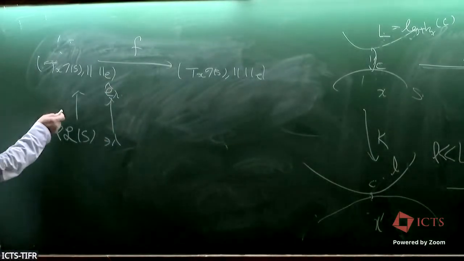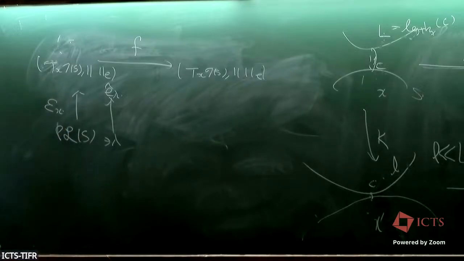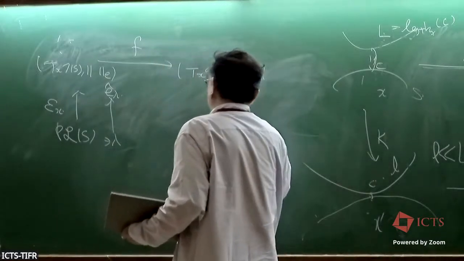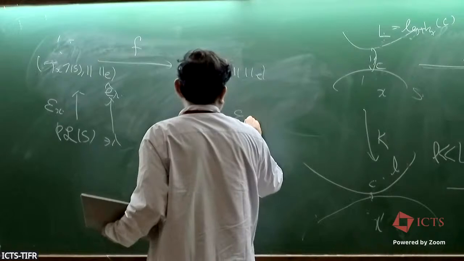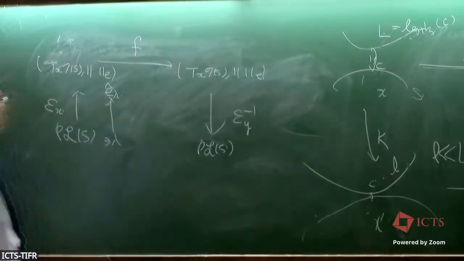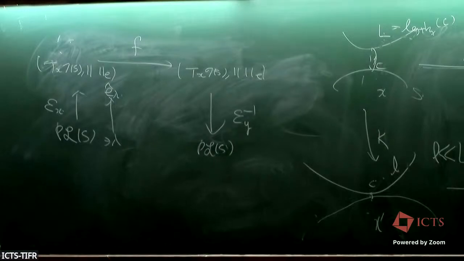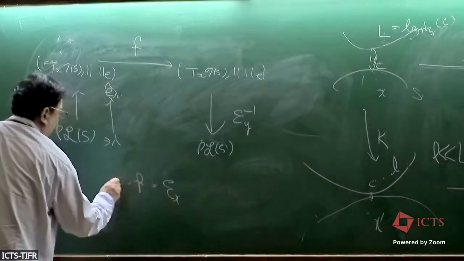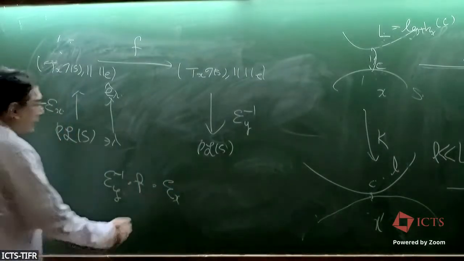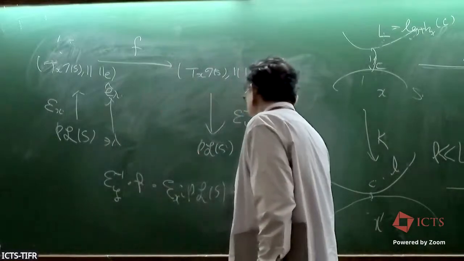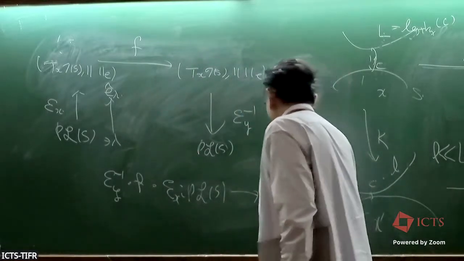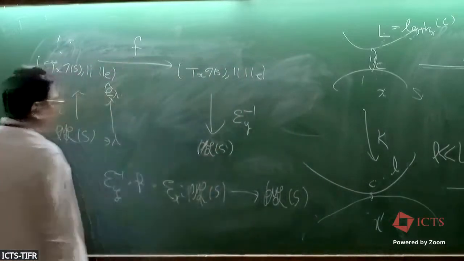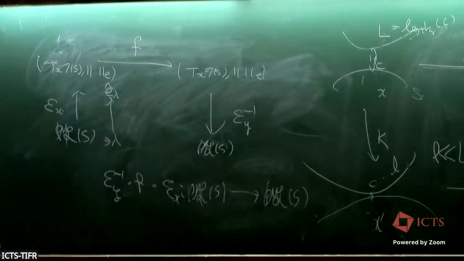This is what we write as Ex, and we have the inverse of this map, which is EY inverse. Composing them, we get a map from the projective measured lamination space to the projective measured lamination space.